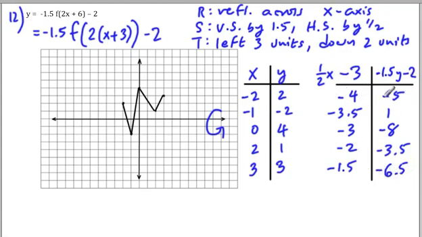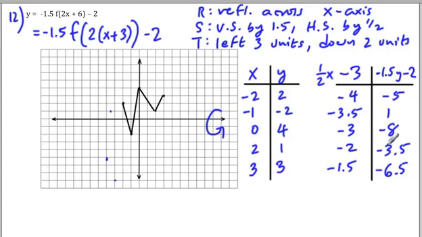All right, so negative 4, negative 5. So 1, 2, 3, 4, 1, 2, 3, 4, 5. So that's our first point right there. Second one is negative 3.5, 1, so it's right there. Negative 3, negative 8, so 1, 2, 3, 4, 5, 6, 7, 8.